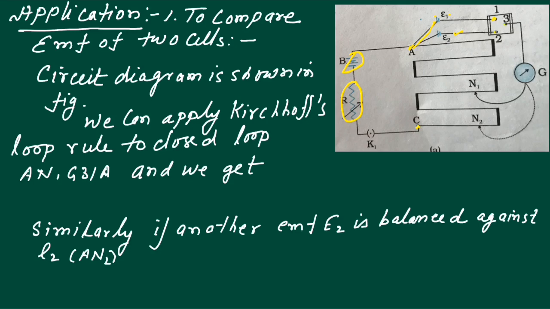The third terminal of the two-way key is connected to one terminal of the galvanometer. Another terminal of the galvanometer is connected to a jockey.